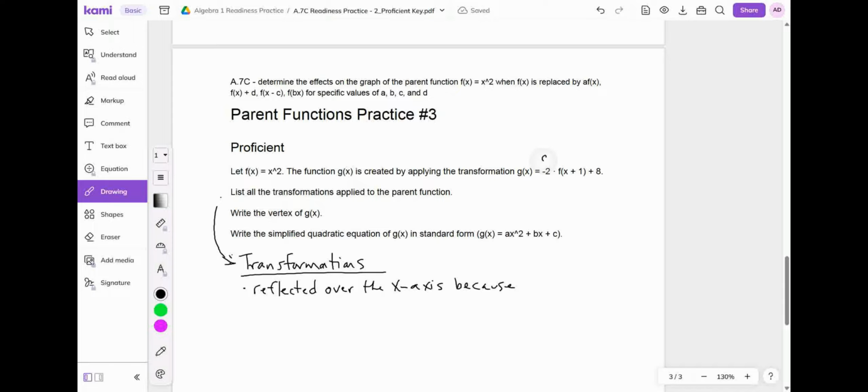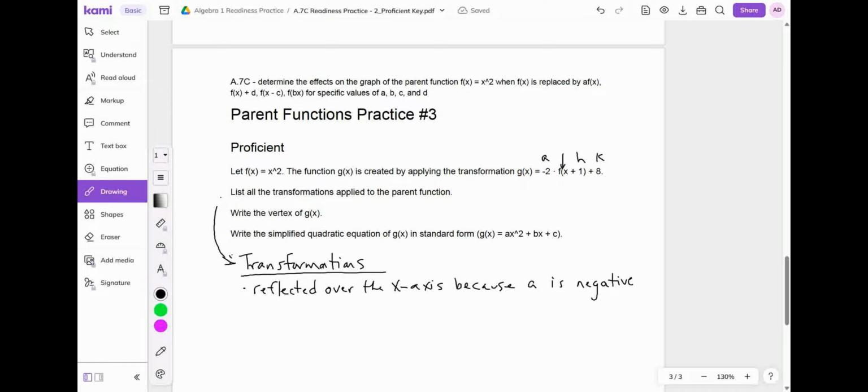This is our A, this is our H, this is our K, because A is negative. And if you ever see a term on the inside, like sometimes that A term might be on the inside of the f of x, that's just a horizontal compression. So typically you'll see a vertical compression, but sometimes you'll see a horizontal stretch or compression if that A is on the inside of the parentheses.